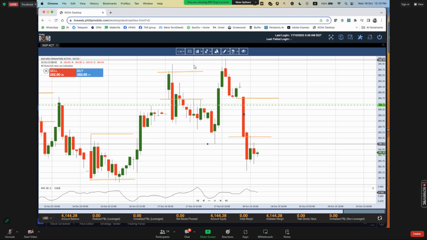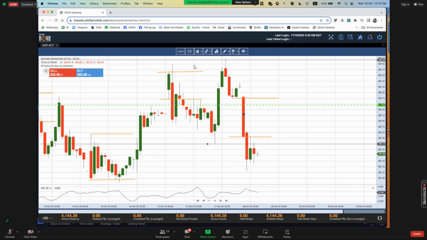This is the opening bar. We want to capture the opening bar, and at the opening bar, we draw in a high and a low point, exactly what I'm doing right now. I've drawn in 2 green lines that show the OBL and OBH.